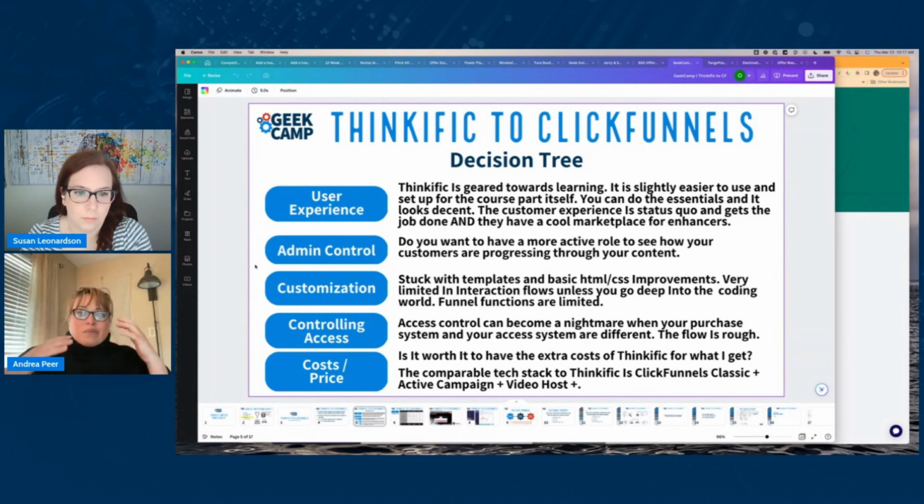Did they do X, Y, and Z based on how you made it, right? And be in there and playing with that and actively looking at that. And that's really important to you to be able to make tweaks and be super active. I think that Thinkific is 10 times better than ClickFunnels on that front.